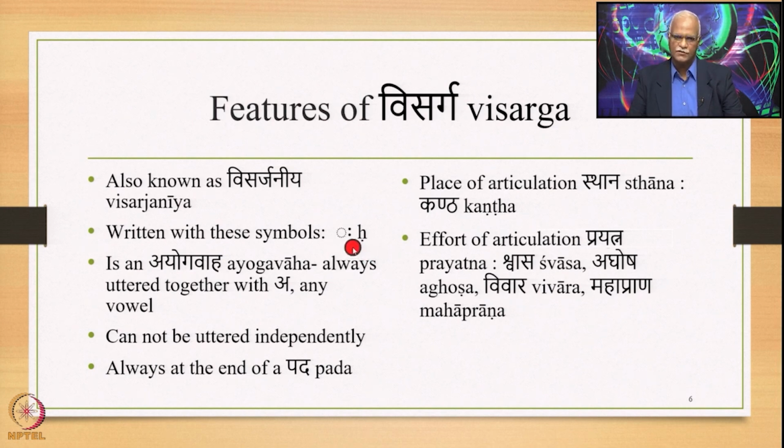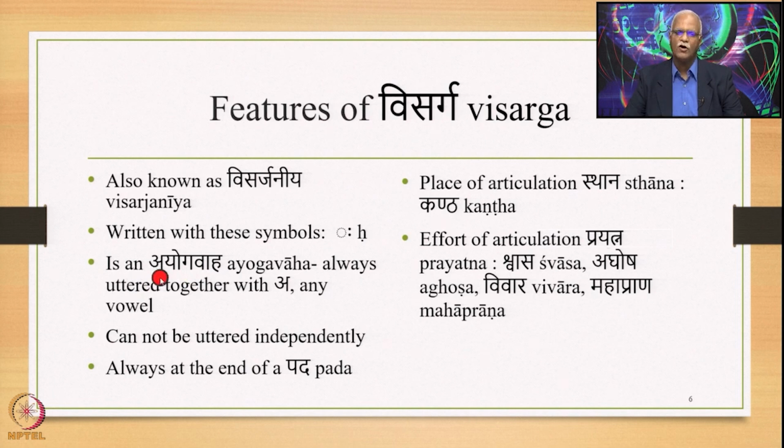Visarjaniya or Visarga is traditionally recognized and described as Ayogavaha as well, which means that it is always uttered together with a yoga vaha. So one which is carried in association with a.